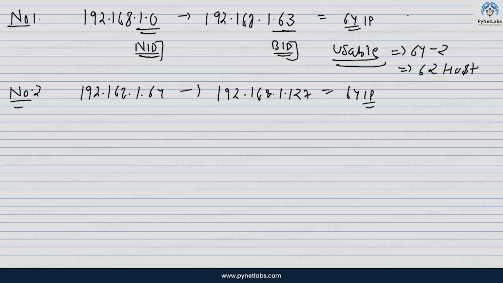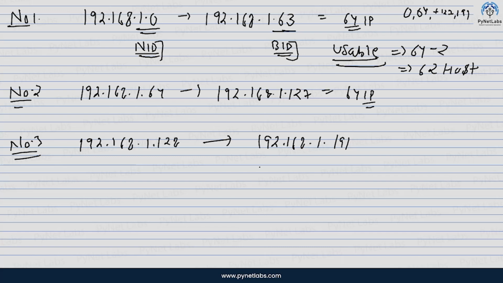You begin from 0, then 64, then add another 64, you will get 127, then add one more 64, you will get the next values, right? Like this. So now come to network number 3. Here you have 192.168.1.128, and it will go up to 192.168.1.191, in additions of 64 only.